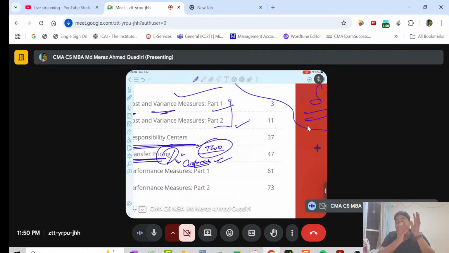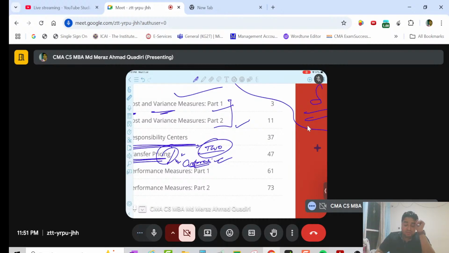Because you need to incentivize, and you need to closely understand which department is making how much money and which department is not making business. So it is very important for you to know transfer pricing, not just for passing the exam, because sometimes people hire a consultant just to evaluate their transfer pricing.